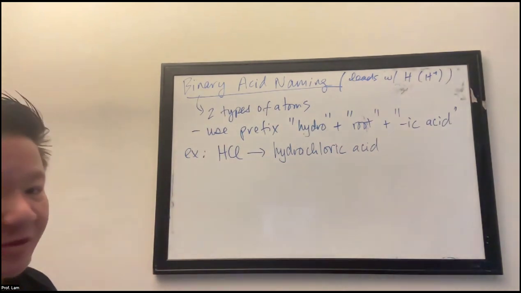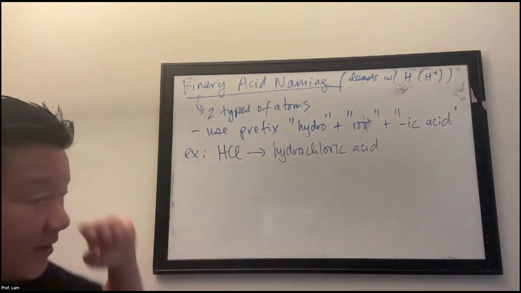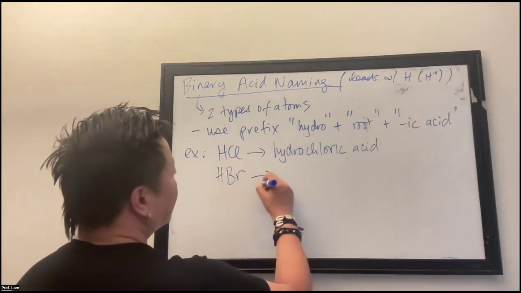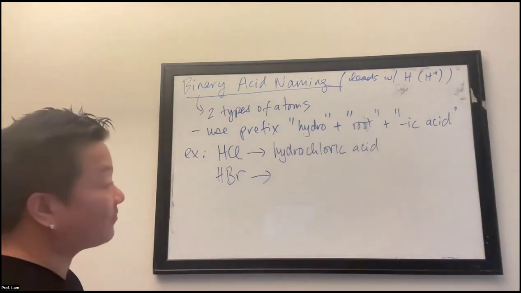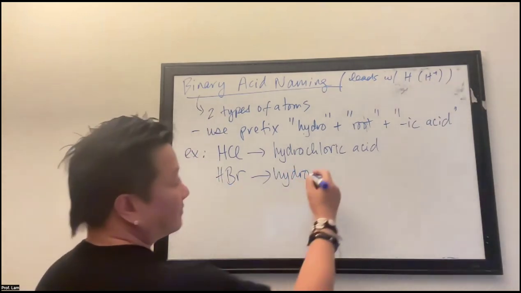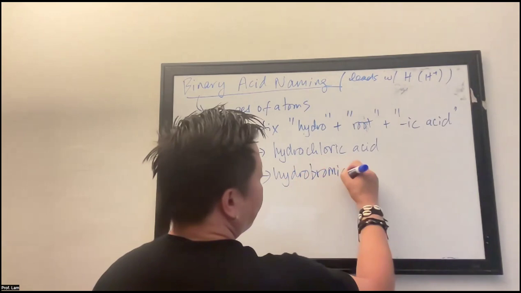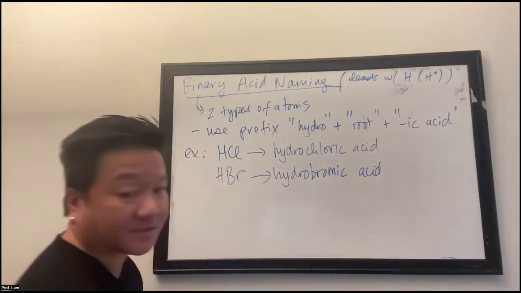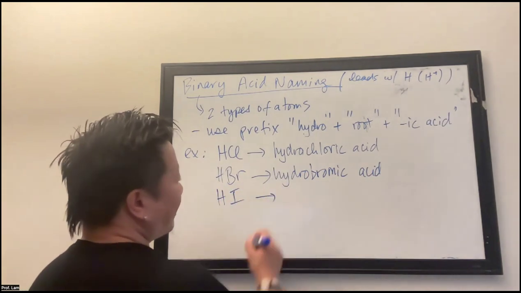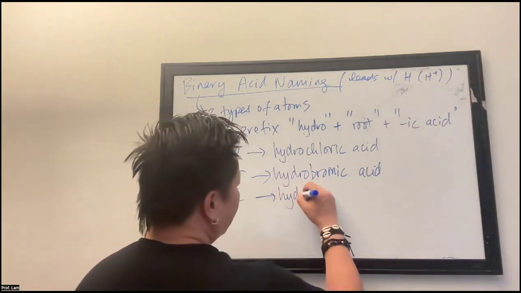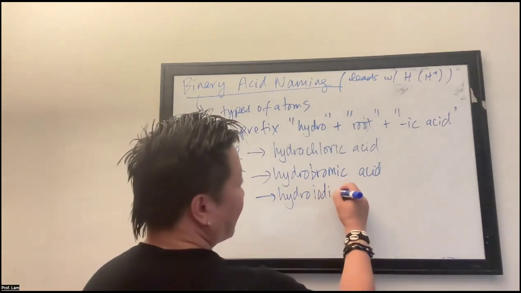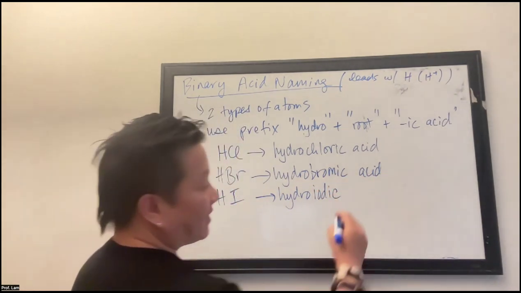There's only a space before the acid. So hydrochloric acid. Let's try this one, everyone. Hydro. It's a bromine, so bromic acid. How about HI? Hydro. It's iodine, but you're not going to say that. It's going to be iodic acid.